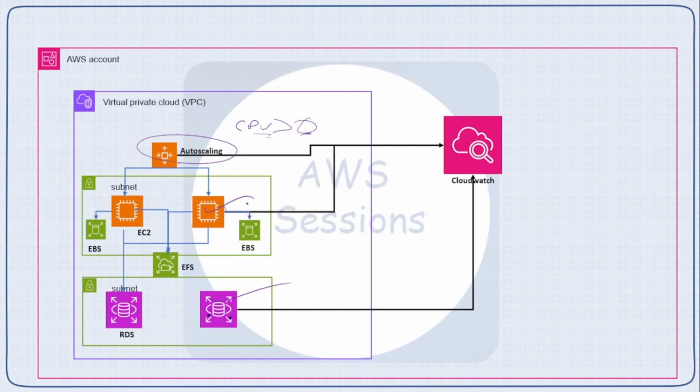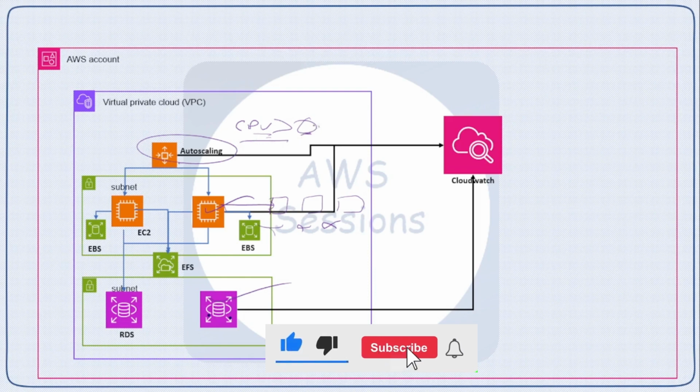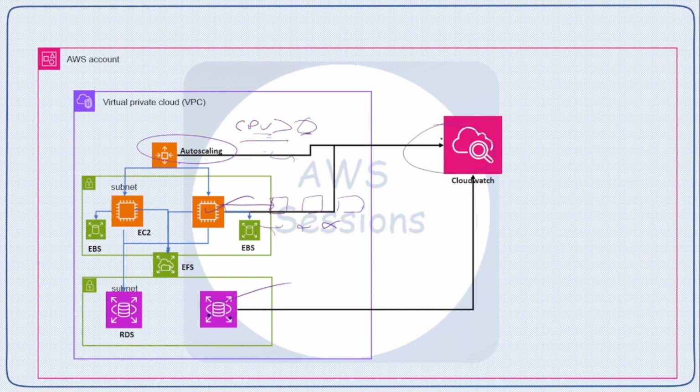Scaling out means adding more instances. Scaling in means removing instances. If the CPU percent or number, we can decide on the unit, is greater than something, then start scaling out. And if it came back to normal, then scale in. CloudWatch does the metric collection, and auto scaling can integrate with this and read that value. So there's a close integration between these two.